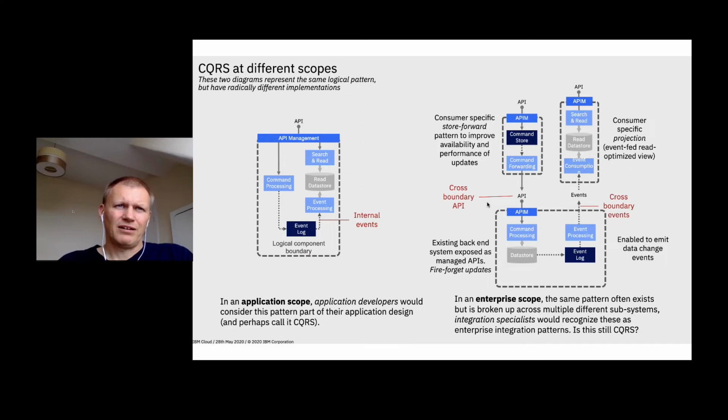So looking at this idea of CQRS, this idea of command processing separated from reads, in the scope of an application, that would be classed as CQRS and it would be designed in a certain way. But what I often hear is a very similar looking pattern occurring across an enterprise, so not inside an individual application, but across multiple different pieces within an enterprise.